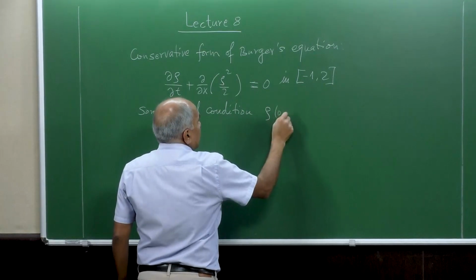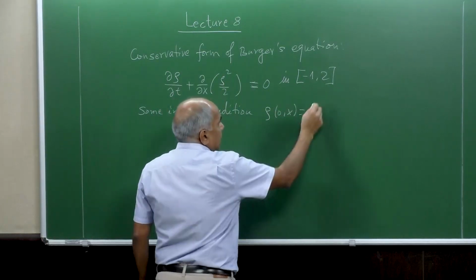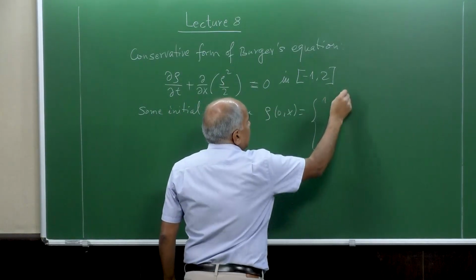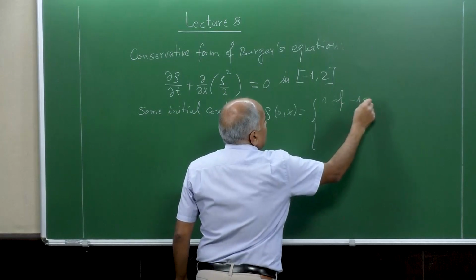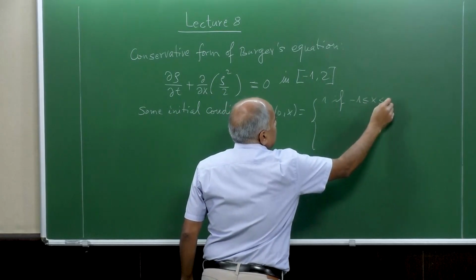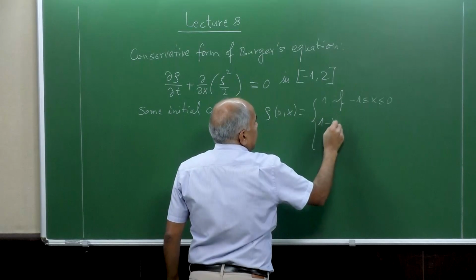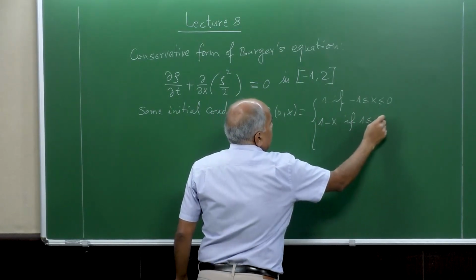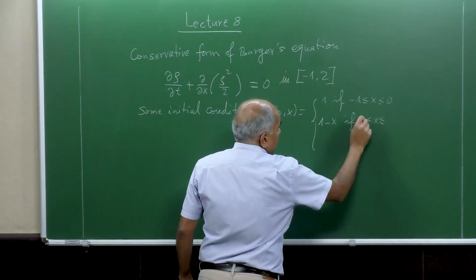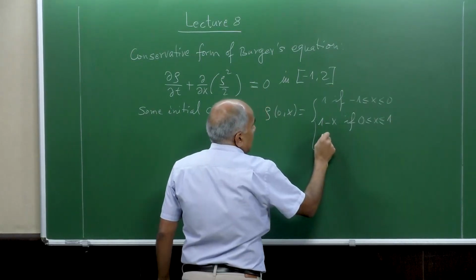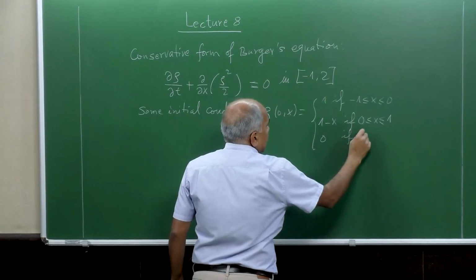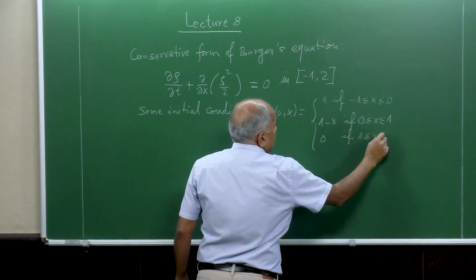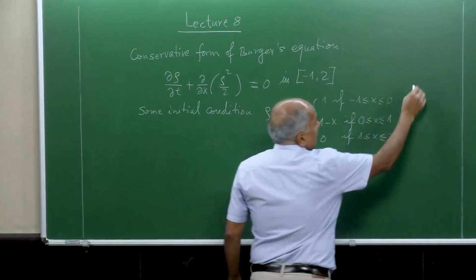Rho of 0 x is 1 if minus 1 is less than or equal to x less than or equal to 0, 1 minus x if 0 is less than or equal to x less than or equal to 1, and 0 if it is between 1 and 2.